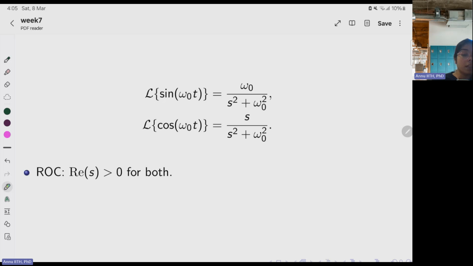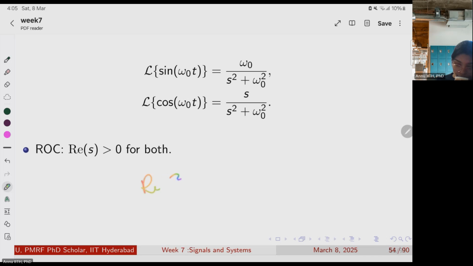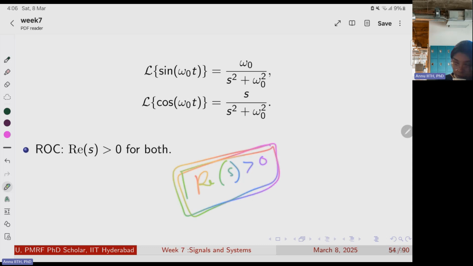Whereas for cosine, the Laplace transform is s divided by s squared plus omega naught squared. The ROC is real of s greater than 0 for both. Why is real of s greater than 0 for both? Because the denominator has squares, which further simplifies to poles on the imaginary axis. So the real part of s should be greater than 0.